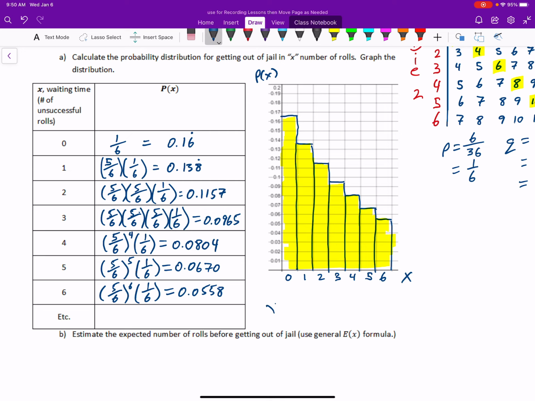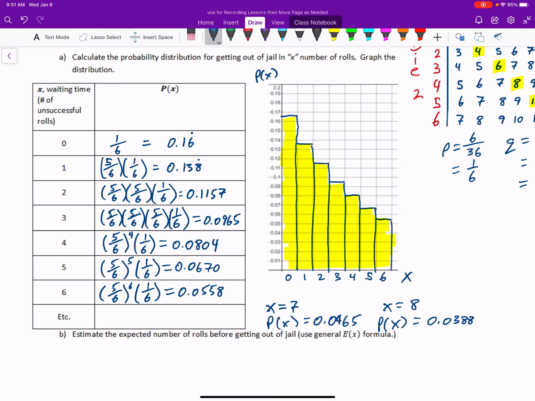If x equals 7, I got p at x equals 0.0465. And if x equals 8, just to do one more, p at x is going to equal 0.0388.